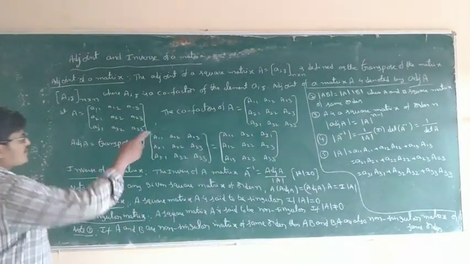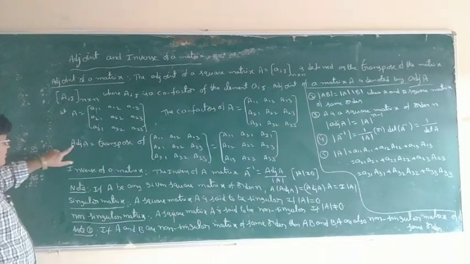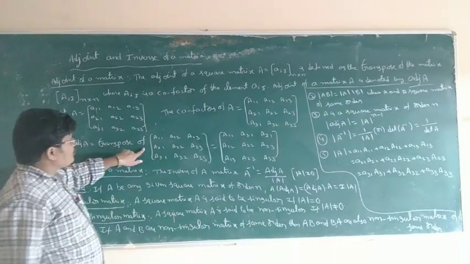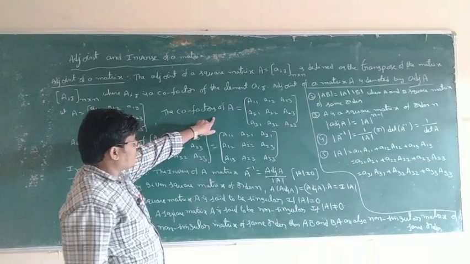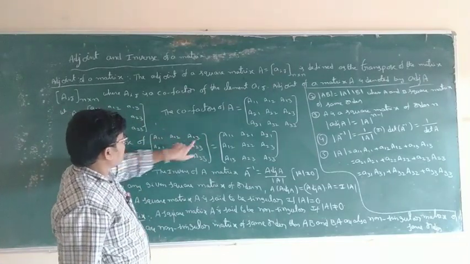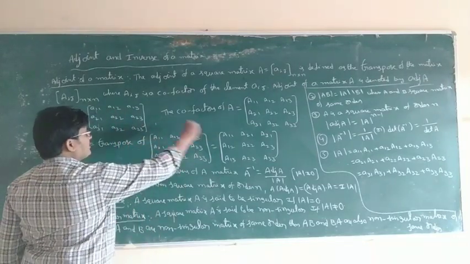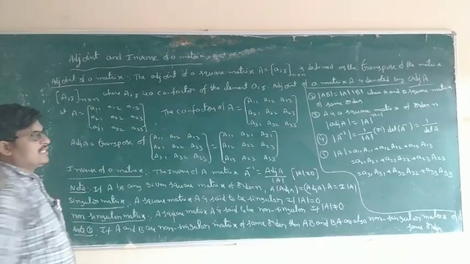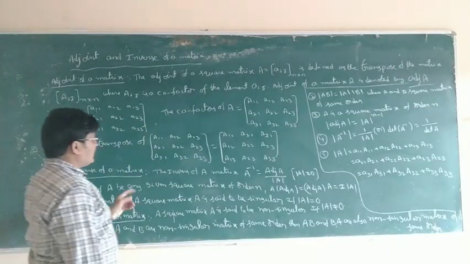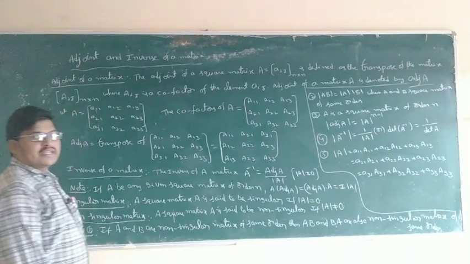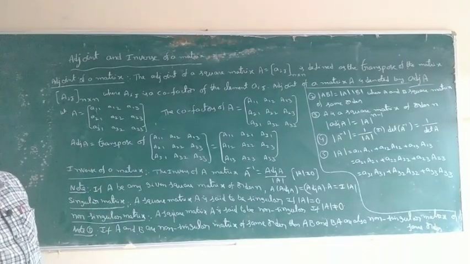So adjoint A is equal to the transpose of the cofactors matrix, the matrix A11, A12, A13 and so on. This matrix transpose is called adjoint. Transpose means what? Interchange the rows and columns.